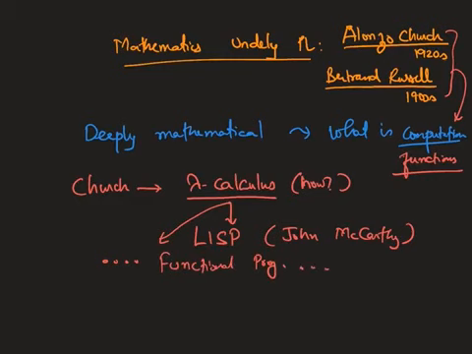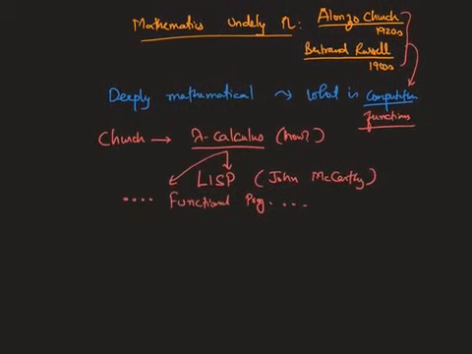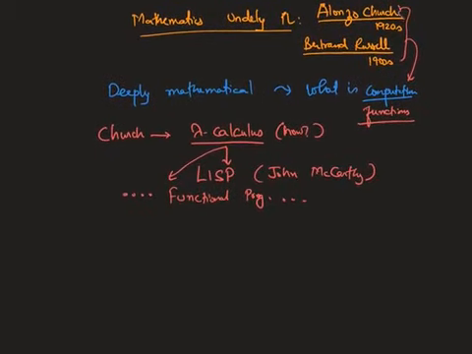This is one very simple example of how a mathematical idea developed by Alonzo Church, to understand what kinds of functions from natural numbers to natural numbers can be constructed in a certain manner, leads to actual functional programming and early languages like Lisp, which still exists.